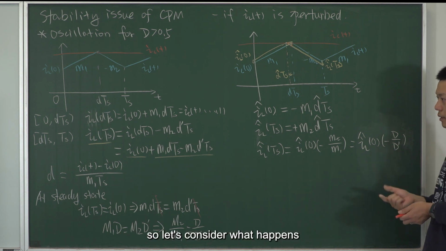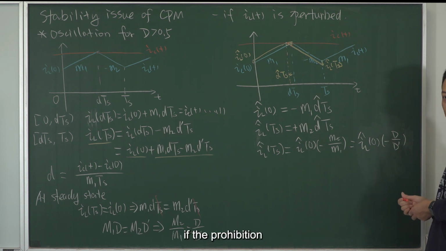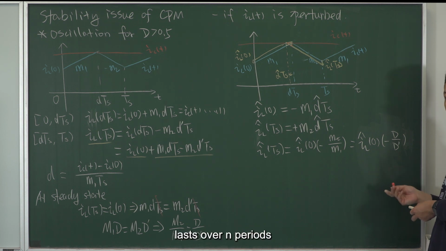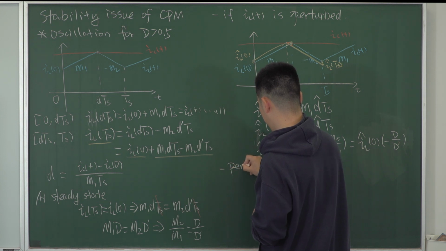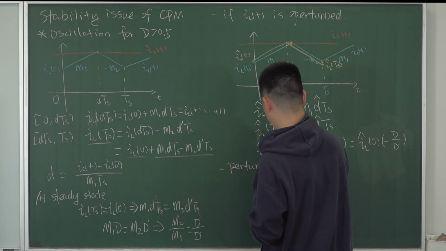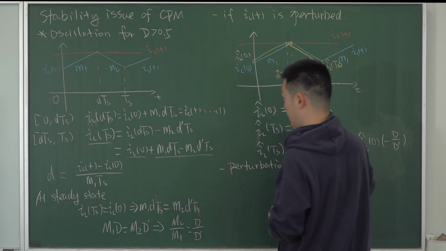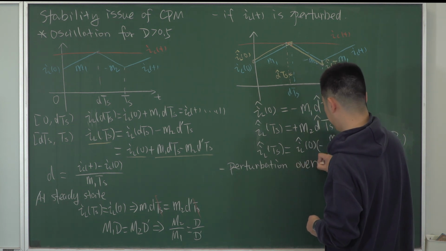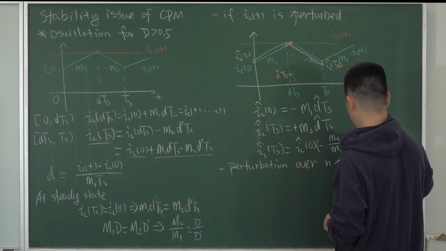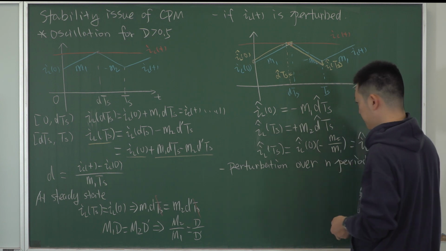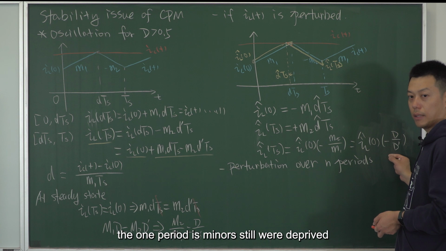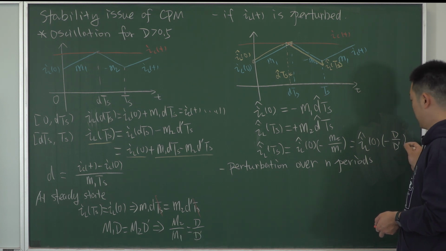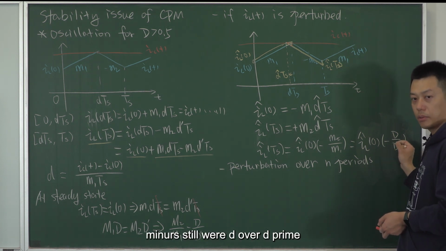So let's consider what happens if the perturbation lasts over n periods. One period is minus d over d prime, so n periods means minus d over d prime to the power n.